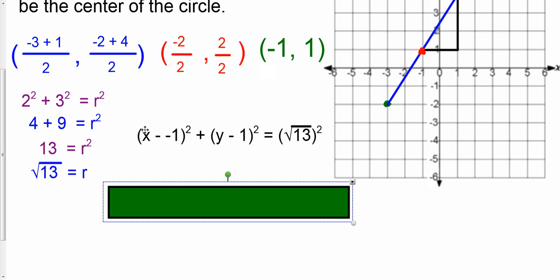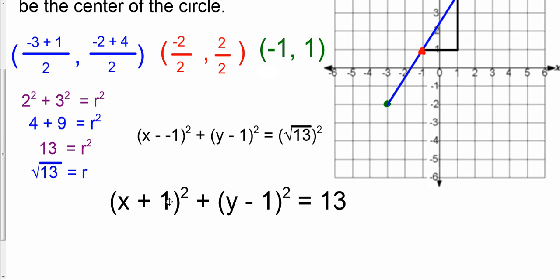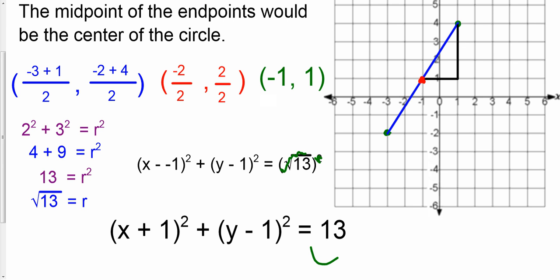Now to simplify that, x minus a -1 is the same as x plus 1, and then square that. y minus 1 stays as it is, and when you square a square root, those cancel out, so we'd just be left with 13.